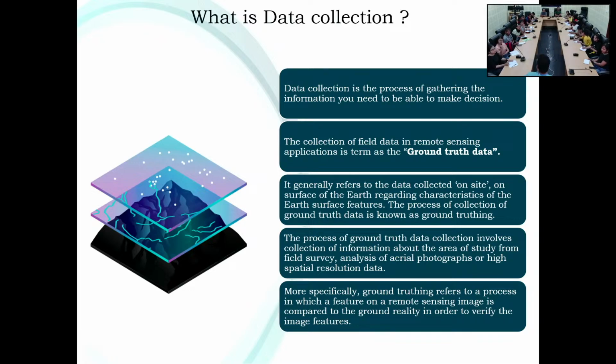We have broadly two categories of data: one is spatial reference, through GPS, DGPS or mobile, and then one is non-spatial. What kind of non-spatial information can we collect from the ground?